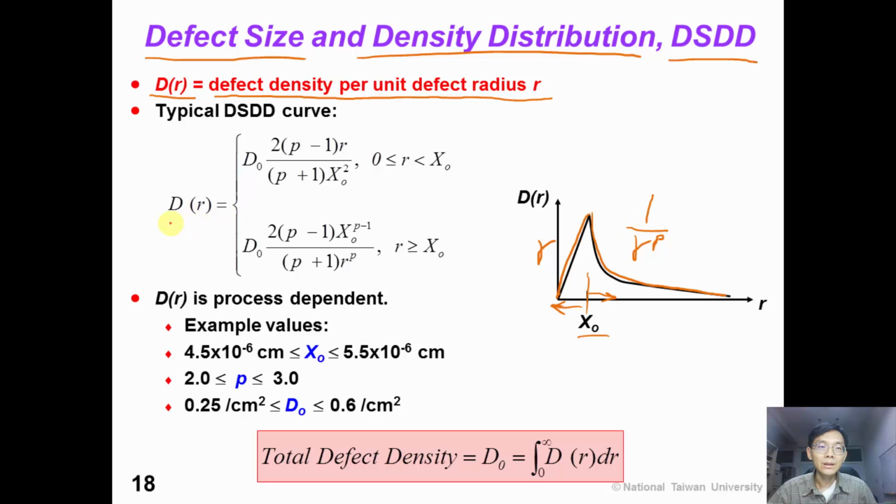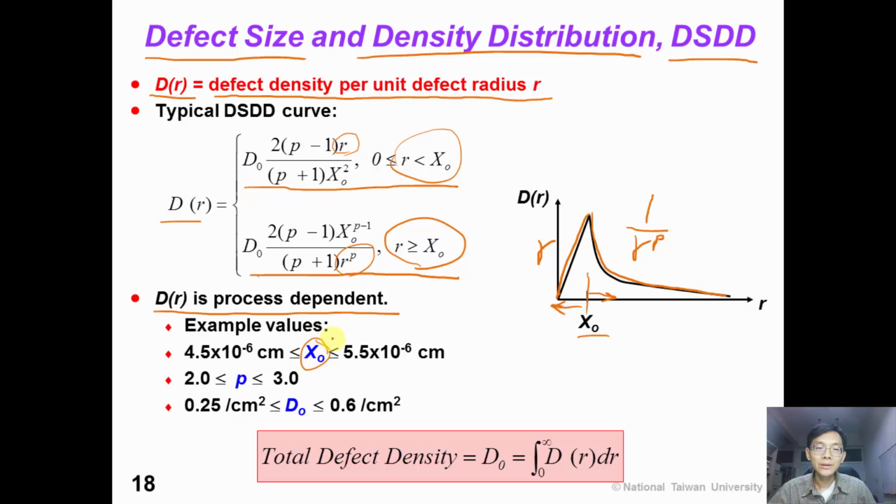So we can model D of R as two pieces of functions. When the radius is smaller than the threshold, we would have a linear function. If the radius is larger than the threshold, we have an exponentially decay function. The exact DSDD function is process dependent, but we show some example values here.